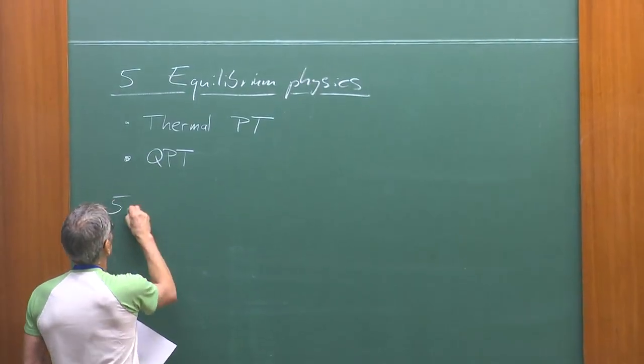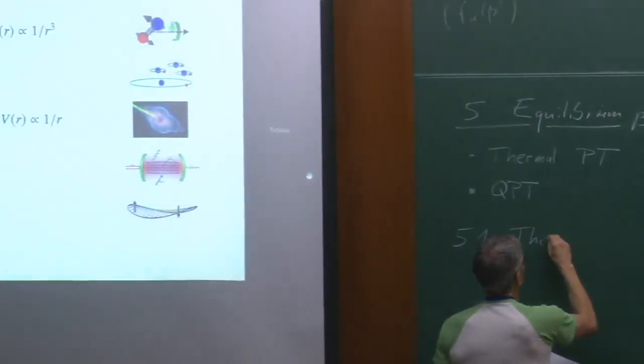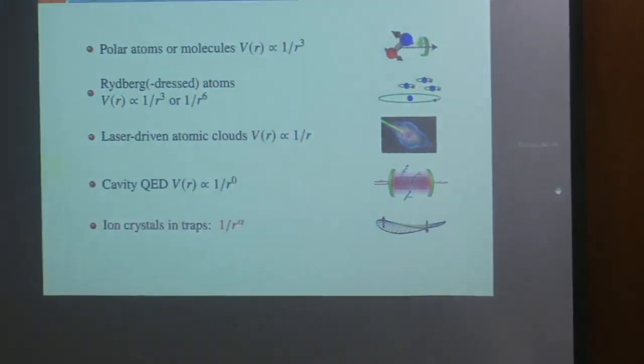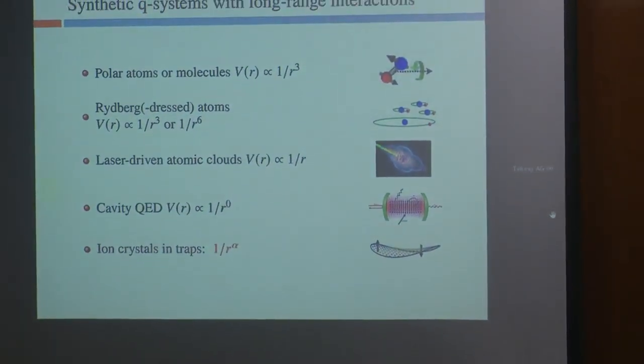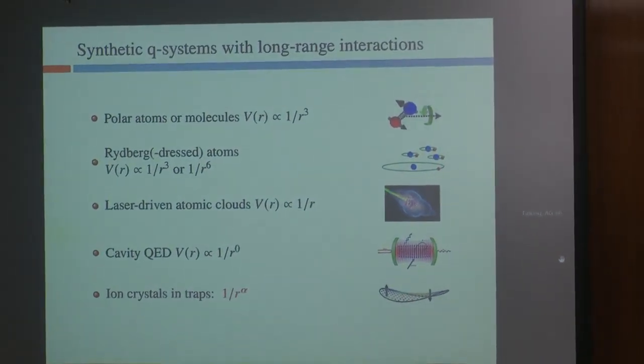So 5.1 would be then thermal phase transitions in long-range systems.